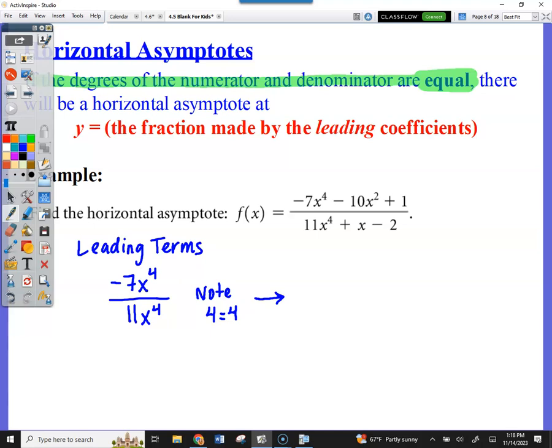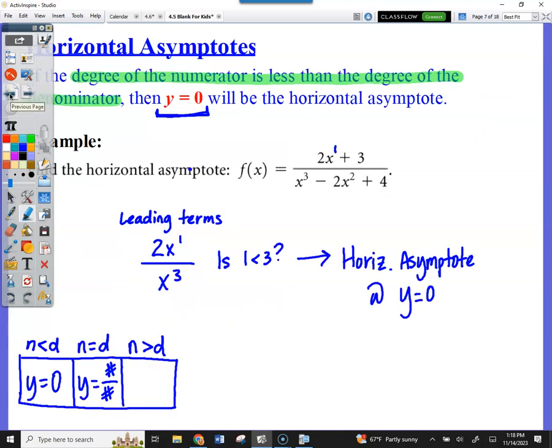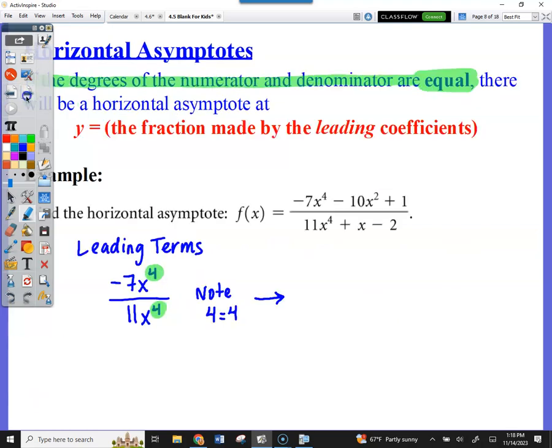When I say note 4 equals 4, please don't be like, where did you get 4 from? It's right here. If you need to, take your highlighter, maybe highlight, maybe go back here. That's probably not a bad idea. Highlight what we're looking at. So because 4 equals 4, then yes, it has a horizontal asymptote.